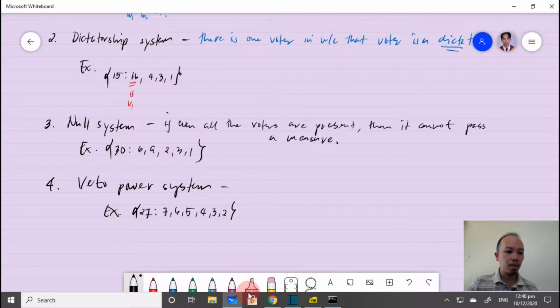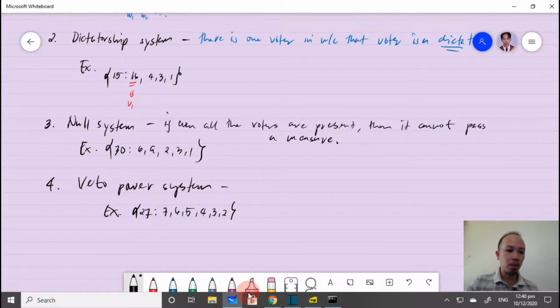So as I've said, in this scenario the sum of the weights is 27, and if there is an absence of any voter in this type of system, then one cannot pass a measure. And each voter here has a veto power.